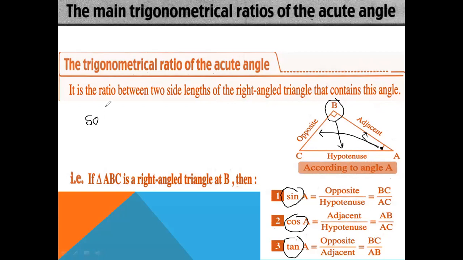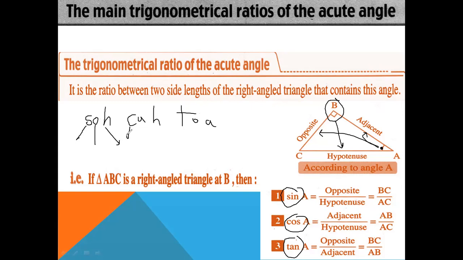Now we have a passcode to remember sine, cosine, tan: Suka 2. What is the meaning of Suka 2? Su, S means sine, O means opposite, H means hypotenuse.